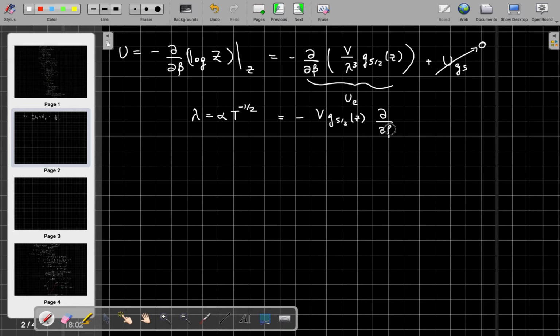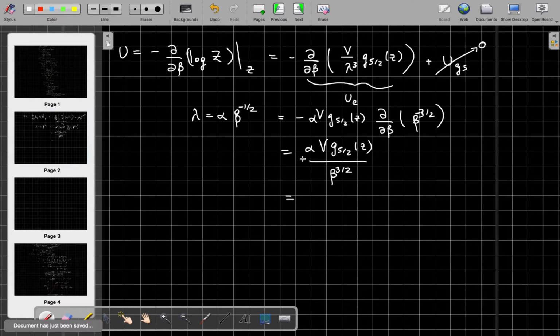Actually, to simplify matters, let's use beta rather than T. So the derivative with respect to beta of beta to the minus 1/2, but this is just alpha V g 5/2 of z over beta to the 3/2, and when you recombine alpha and beta here, you get minus 3/2.